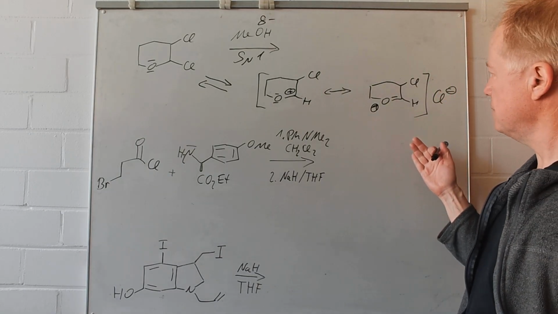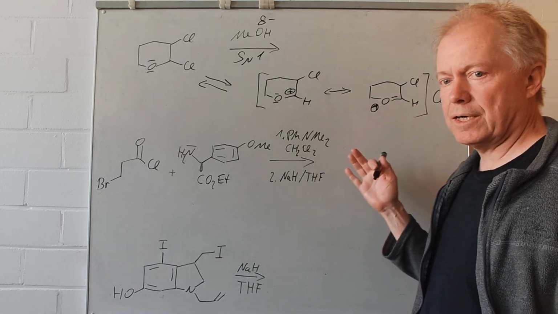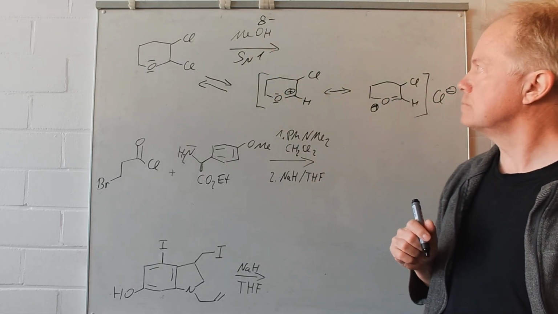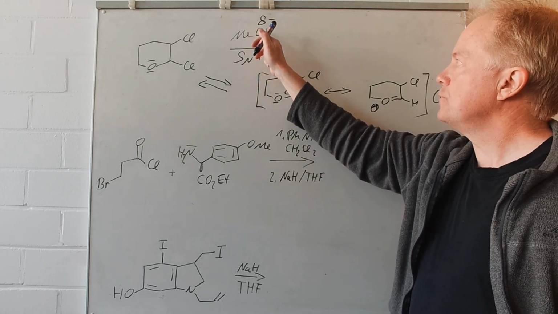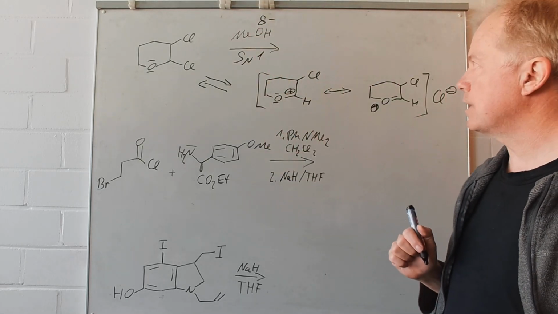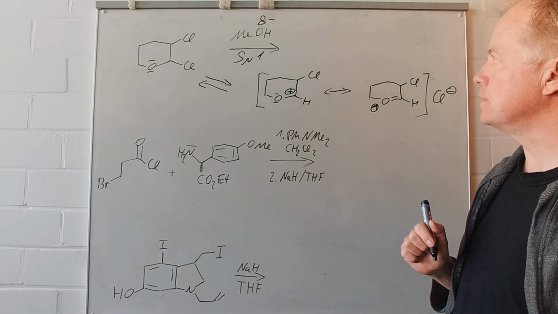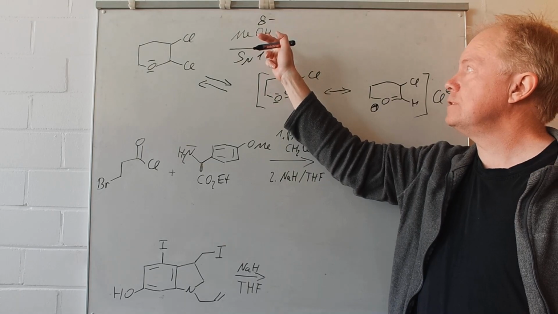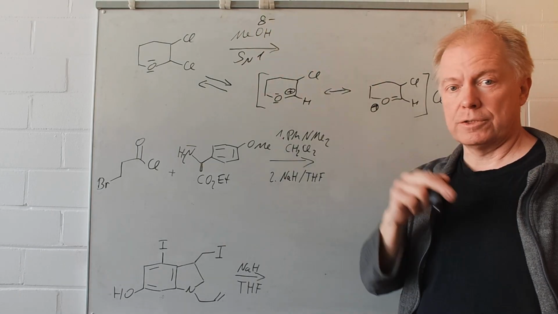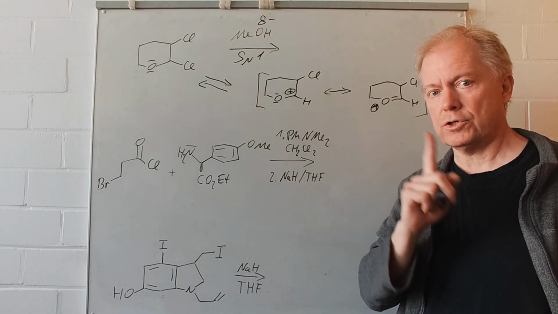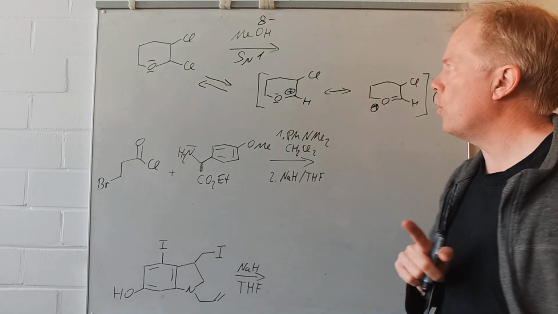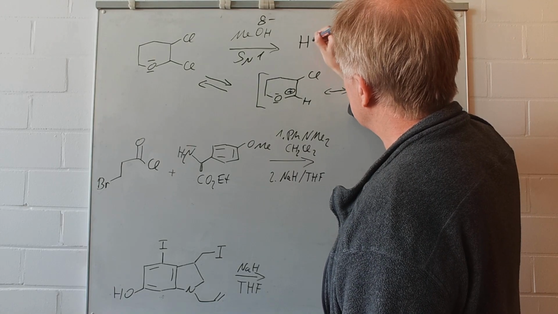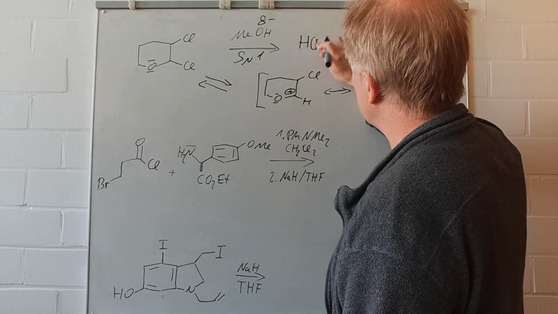And then this carbocation is trapped by the methanol with the oxygen as explained as nucleophilic center. Then we of course still have the hydrogen attached to the oxygen. Well, overall HCl is eliminated.